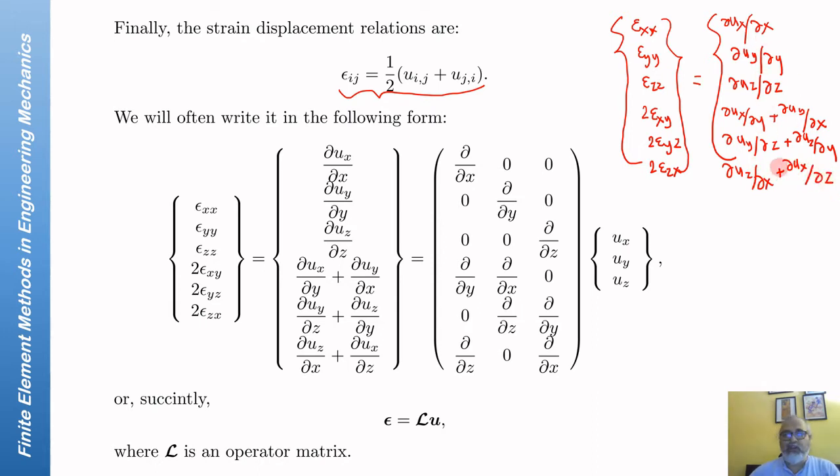So these would be the 6 components in terms of the displacements. So this is what I have written here, the 6 components.